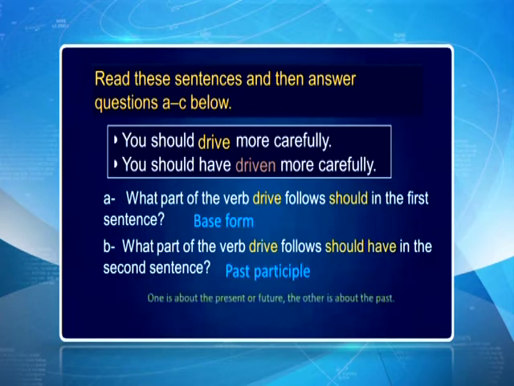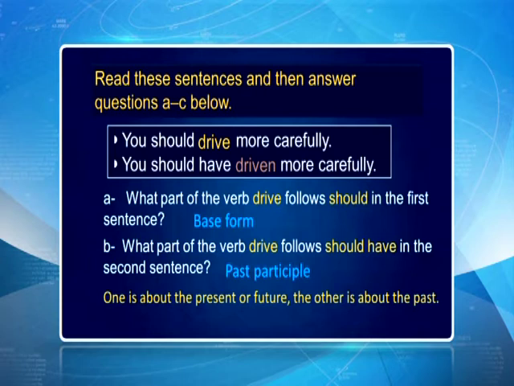That's fine. So the first one is about the present or future, whereas the second is about the past. When you say you should drive, you are talking about a present or future situation. Whereas when you say you should have driven, you talk about the past experience. That's excellent. So far, I hope it's clear to you.